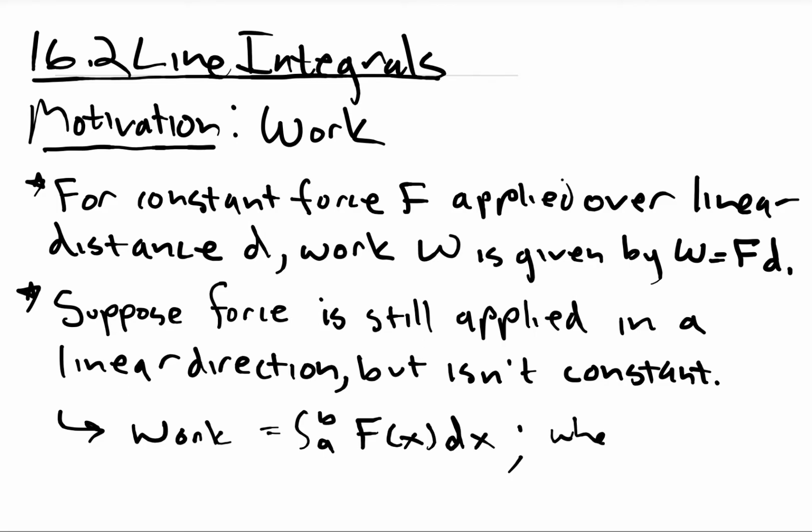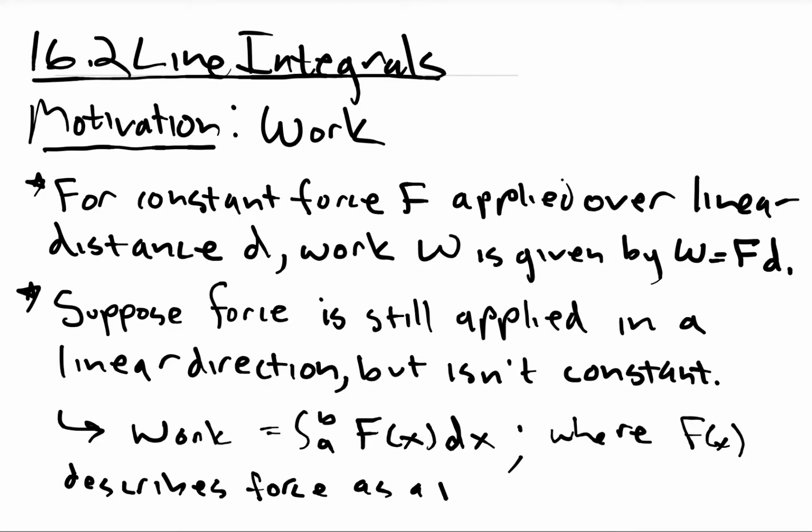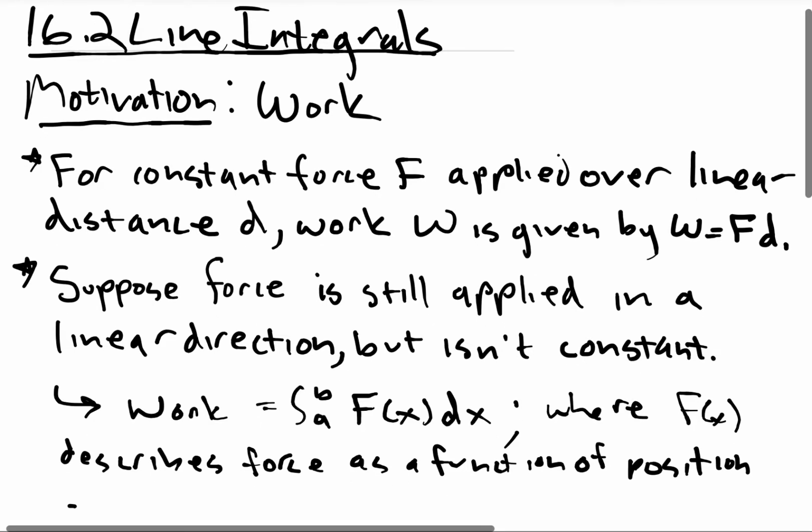So here, what do I mean by f of x? This f of x describes my force as a function of position on this interval from a to b. Since I'd suggest we've still got our force applied in a linear direction, I'm suggesting that we use that interval to describe what length we're applying that force over.